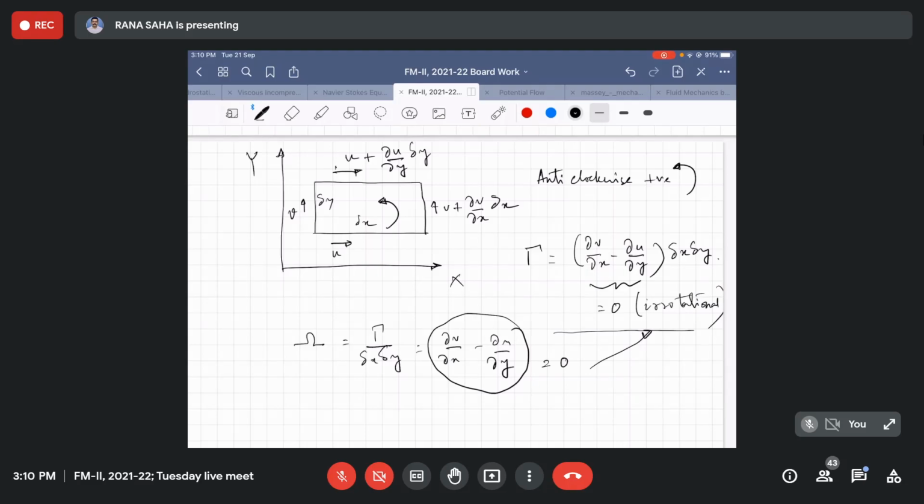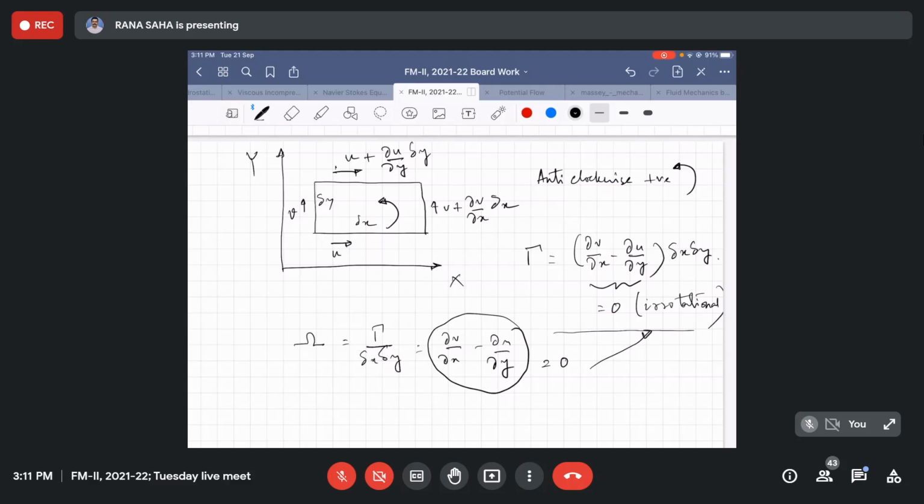And this vorticity is actually a vector, which also denotes the angular rotation normal to the plane xy, or normal to your screen, you can say. Okay, so it is a vector whose direction is normal to the plane of this particle or the infinitesimal element of fluid within which you have measured the circulation.